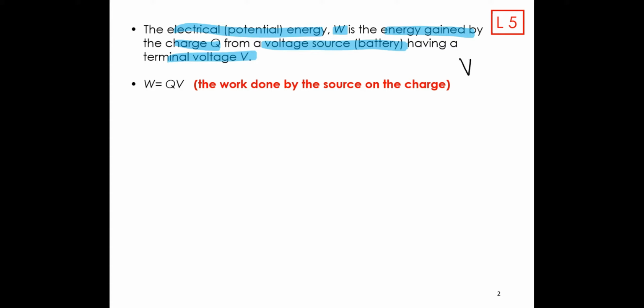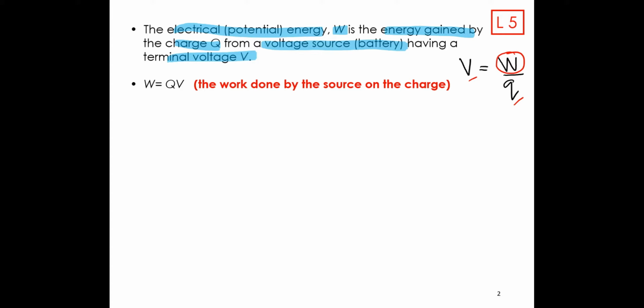Electric potential V equals the work done to bring a charge from infinity to a point per unit charge. So work is our electric potential energy. That's why work is the energy gained by the charge from a voltage source, the battery, with the terminal voltage. Okay, from the definition itself.